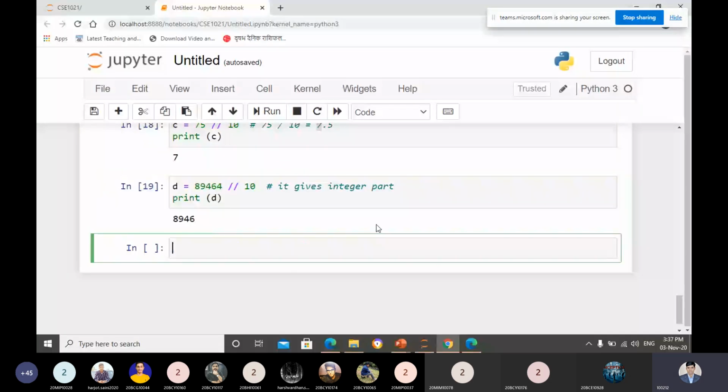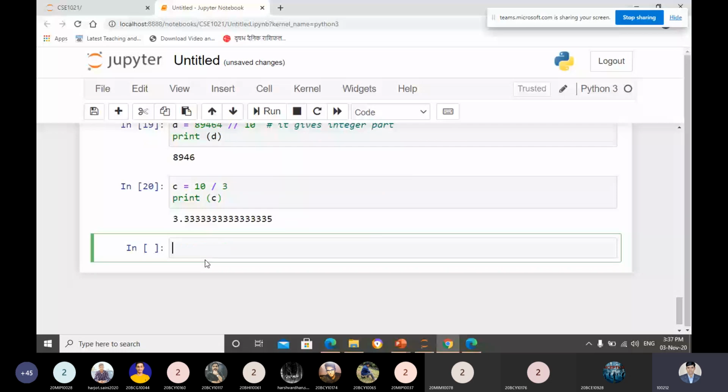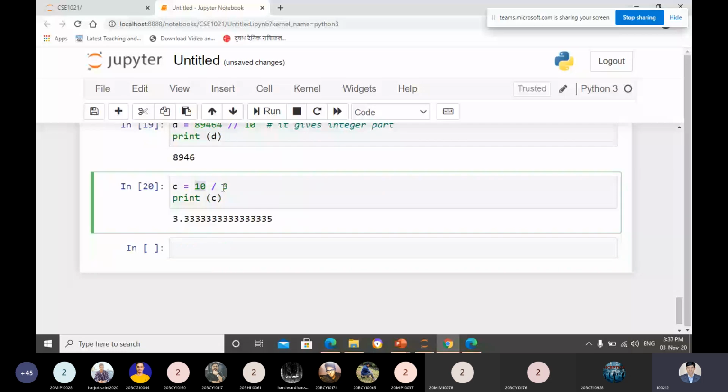Okay, so I'm taking c is equal to a divided by 3. So if I print c, now what will the answer be? All these two values are in the form of the integer. Okay, I'm getting the result in the form of the float. Am I right?